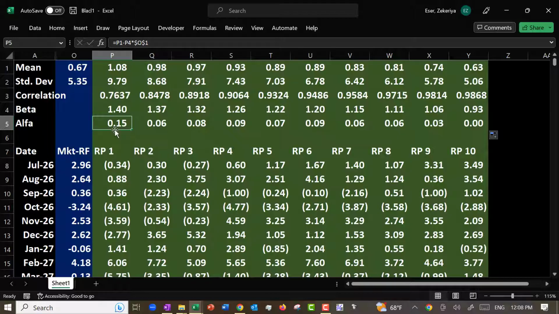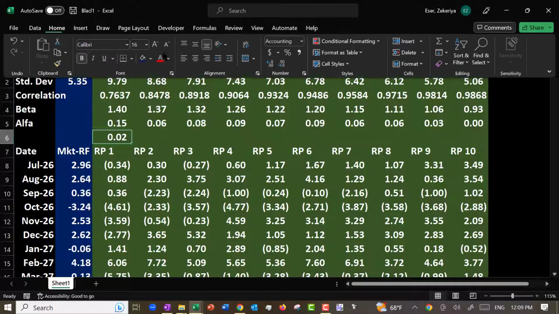Let's think about an excess return of 0.15%. Okay, that sounds small, but that's more than 15% of the mean itself. If you think about the annualized version, that's about 2% a year.